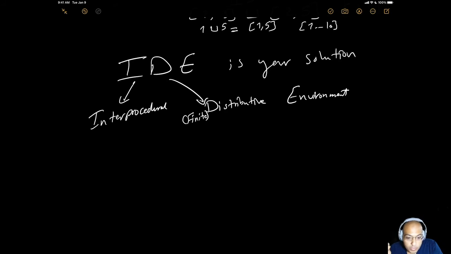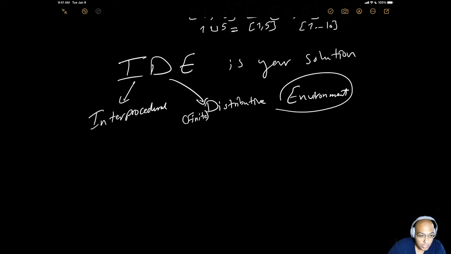It's an inter-procedural finite distributive environment problem. So it is environments instead of subsets, like with IFDS. So what does that exactly mean?